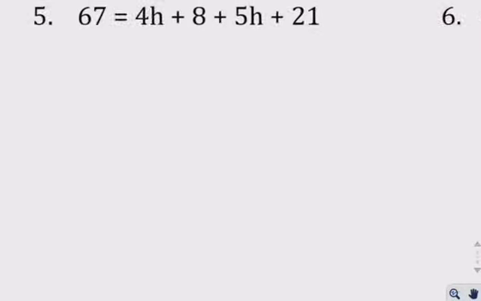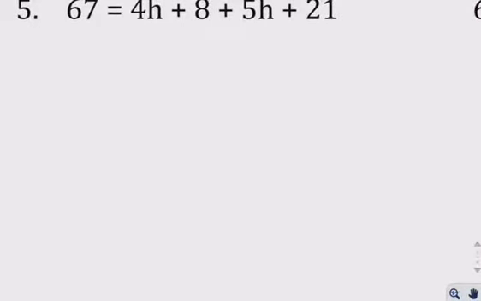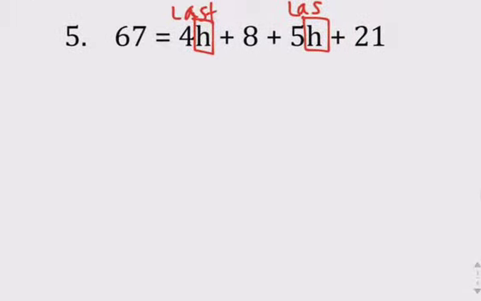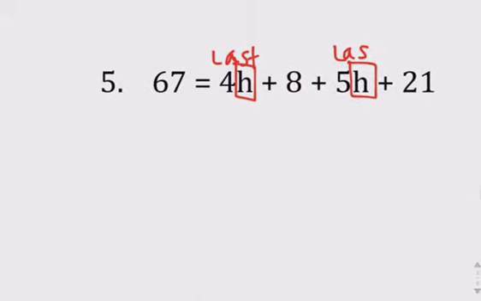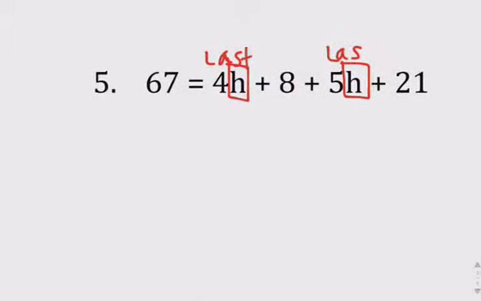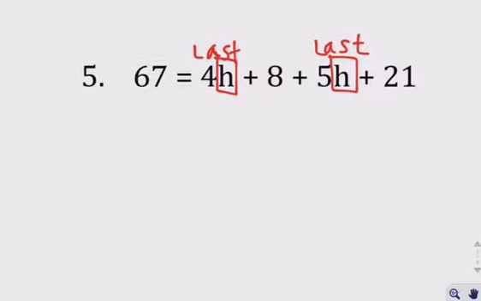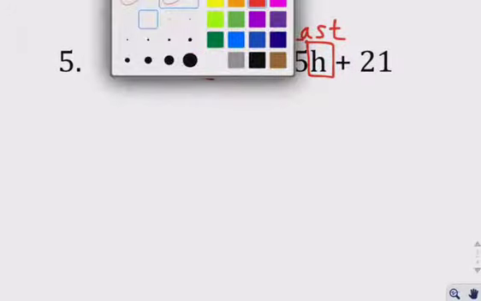Number 5. Okay, box the one we're going to do last. The one with the variable, last. Alright, we can't have 2 last. Let's combine them.